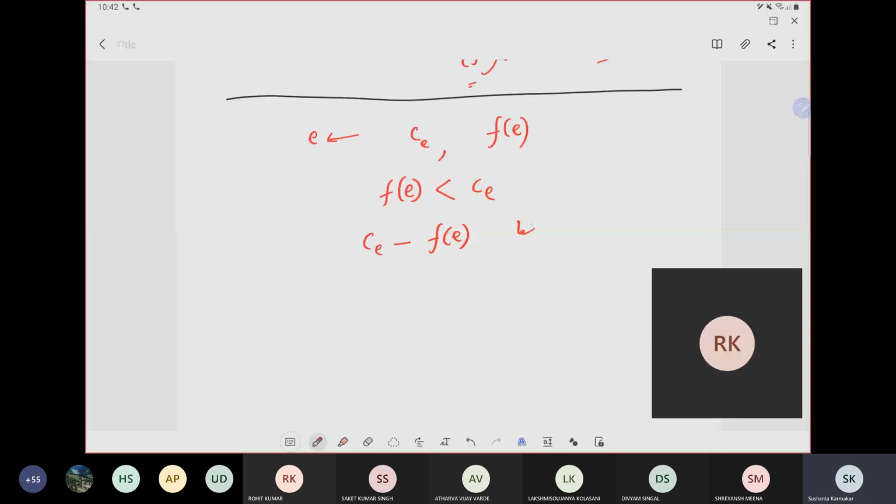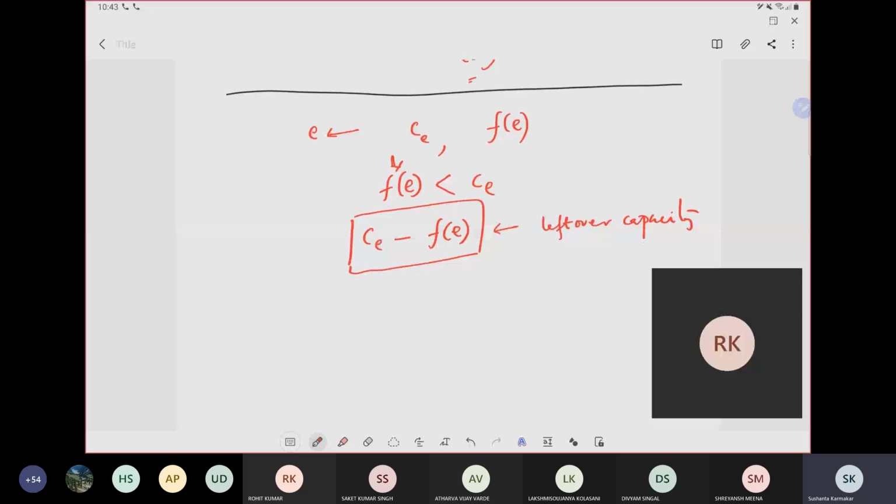This is called the leftover capacity. That means this much I can still push forward because the flow it is carrying is strictly less than the capacity. So the statement here is we can push forward on edges with leftover capacity. This idea is to be understood.